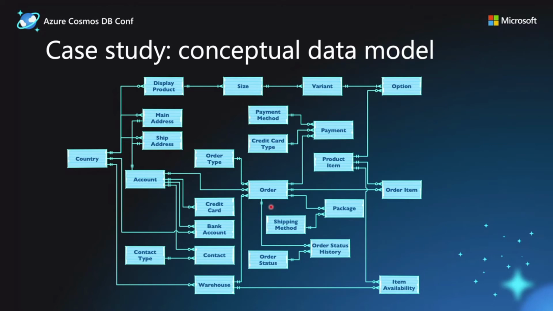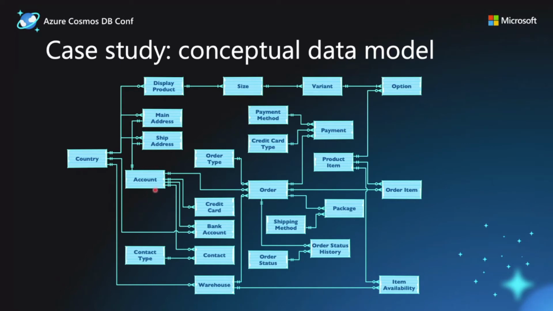Each order contains a list of order items, and it could also contain a list of payments in scope of one order, with different payment methods and using different credit cards. One order could contain many packages with different shipping methods. Each order also has some order status history, and each order is bound to a particular account. Account means a particular customer or client.